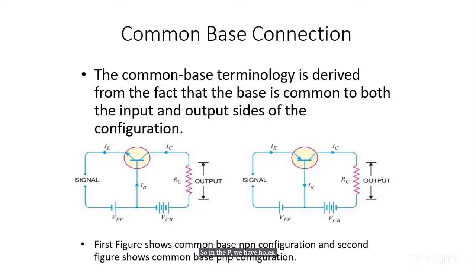When the electrons enter the P, some of the electrons will recombine with holes in the P type.